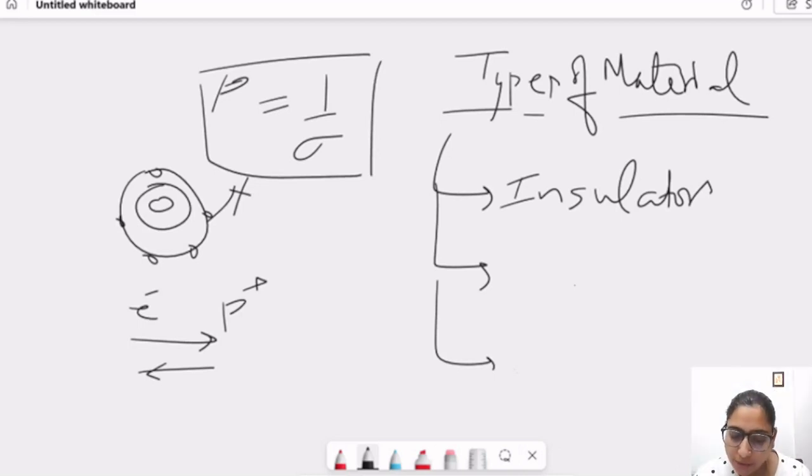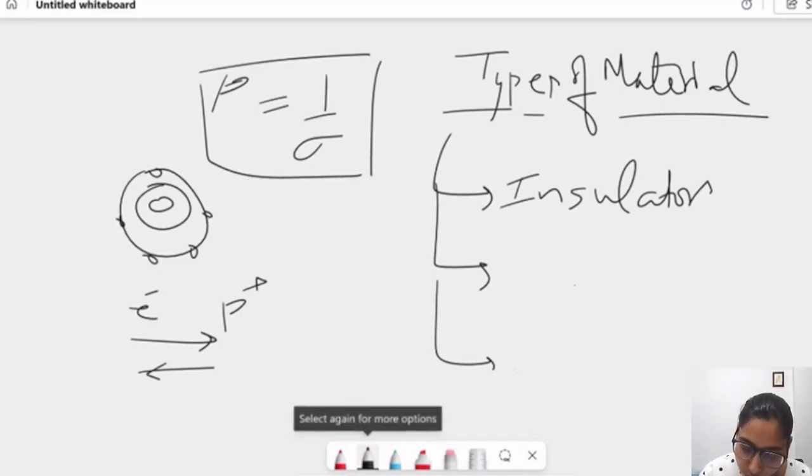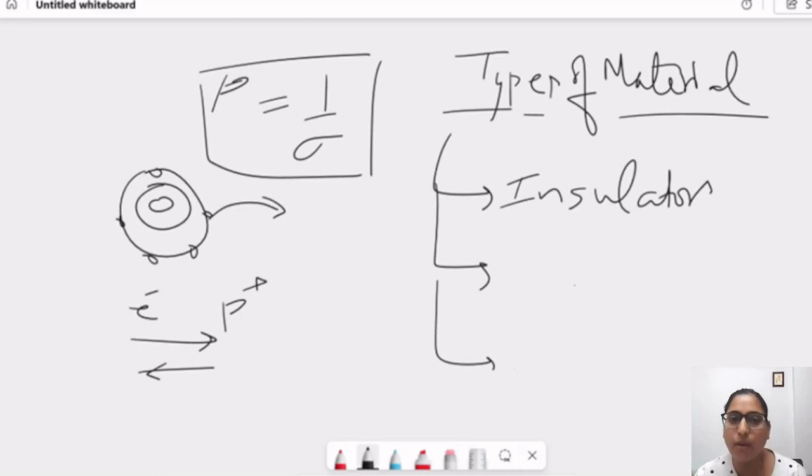Okay, now if this attraction force is very less, it means this outermost electron wants to jump out and take part in conduction. Then these materials are called metals: very high conductivity, very low resistivity.